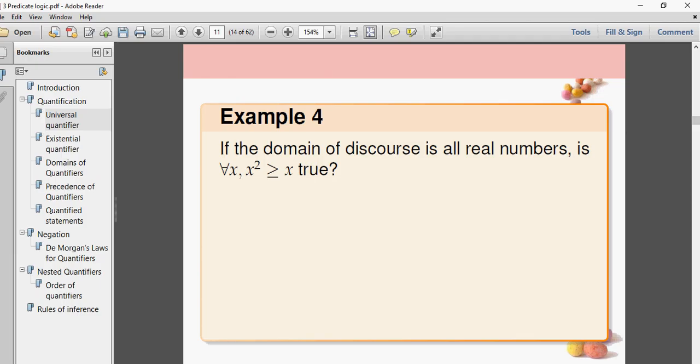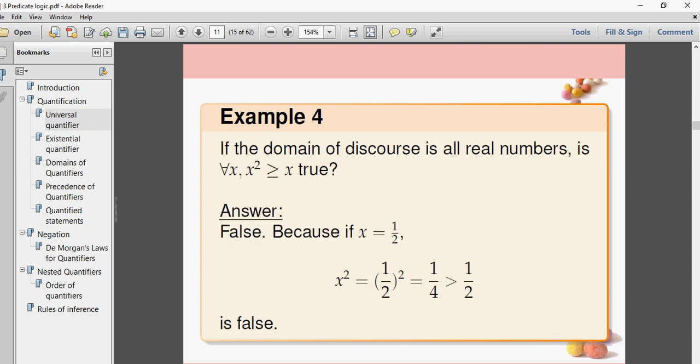If the domain of discourse is all real numbers, for each x we have x power 2 greater than x: true or false? Here it is false, because if x equals half, then x power 2 will be a quarter.